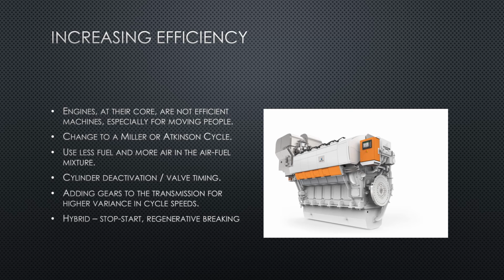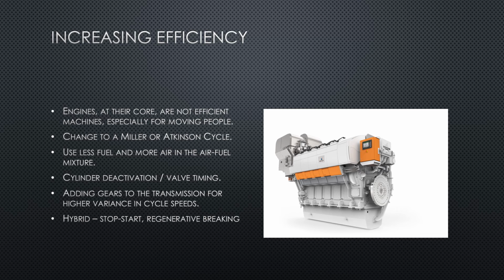So if your car is going 55 miles per hour, for example, you probably need all of the cylinders to get that much power. But if you're going only 10 miles per hour, you can probably turn off a couple of those cylinders. You don't need them. You only need one, right? And then valve timing is kind of the same idea, right? If the valves are opening and closing at better times, then it's going to increase the efficiency.